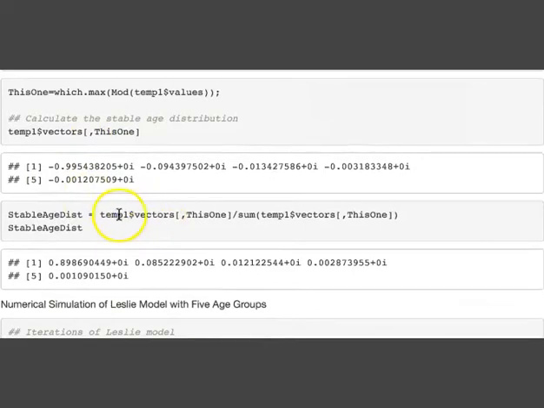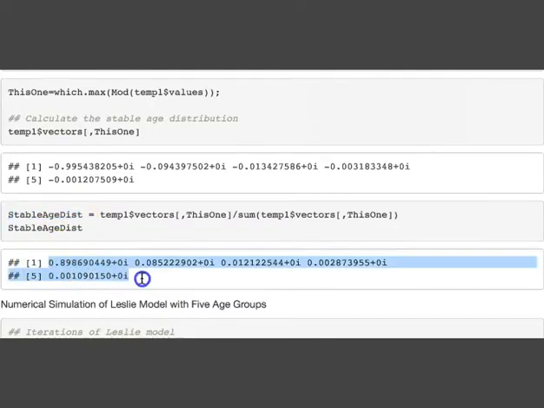So what's going on in this part here is that we're extracting that eigenvector, and then dividing every entry of the eigenvector by the sum of all its entries. When we do that, we obtain what's stored in this variable named stable HDIST.